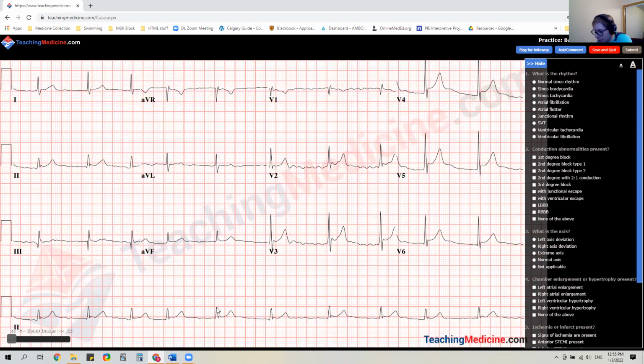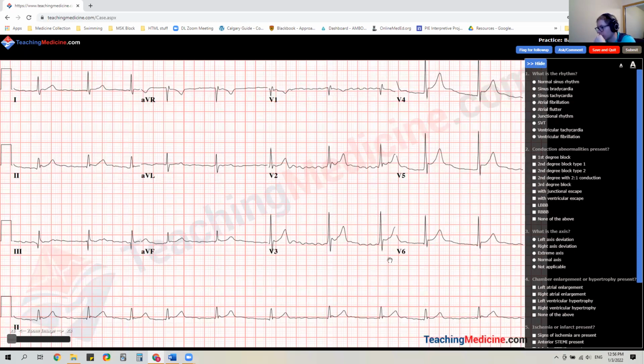Okay, 1, 2, 3, 4, 5, 6, 7, 8, 9, 10. So 10, 60. Axis upright. Rhythm looks like a wavy baseline, so looks like AFib. There's no PR interval.